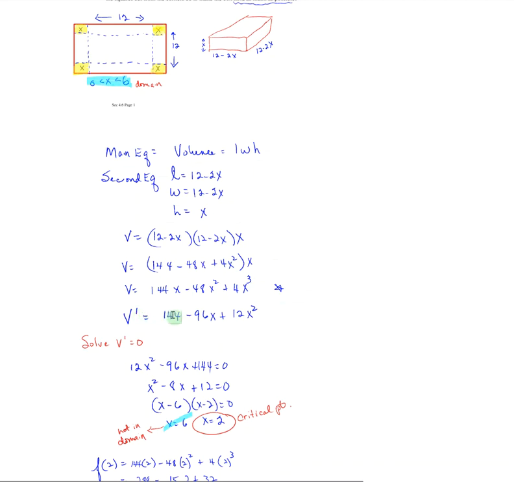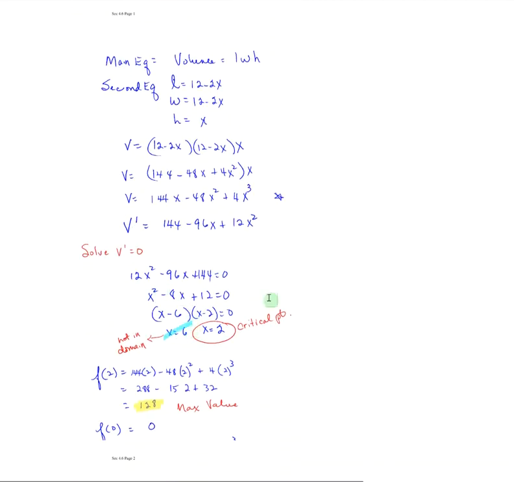Take the derivative of it, which is 144 minus 96x plus 12x squared, and we go ahead and set that equal to 0. If you notice that 12 will go into all these numbers, you can divide the 12 out first. So if you divide the 12 out, you've got x squared minus 8x plus 12 equals 0.